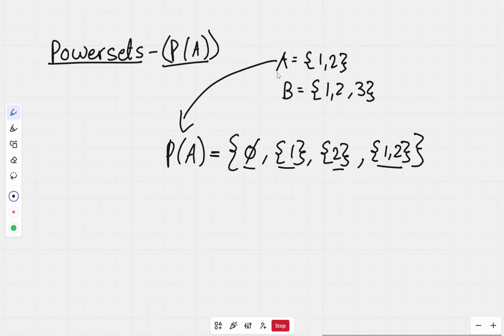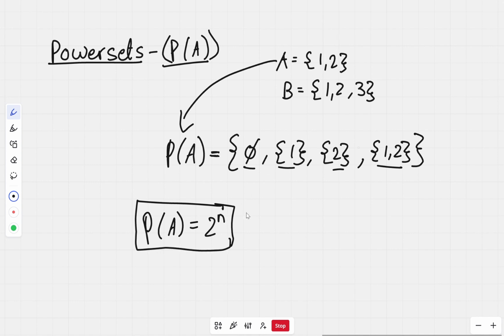Now to calculate the total possible subsets of A, there's a formula. We can write it as P(A) equals 2 to the power of n. Here n represents the number of elements present in a set. Take the example of B. B has 1, 2 and 3, so it has 3 values. The power set of B would equal 2 to the power 3, which is equal to 8.